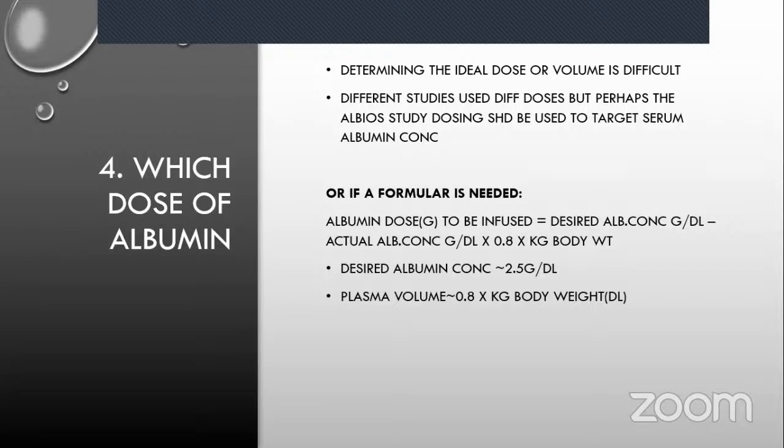So if you go back and read the protocol using ALBIOS study, it will push you close to 3 grams per deciliter if you're using albumin as a supplementation. You want to reduce risks and complications, even some benefit in mortality, but it's not yet clear. Now, if you need a formula of albumin dose to be infused, it will equal the desired albumin concentration minus the actual albumin concentration times the plasma volume.